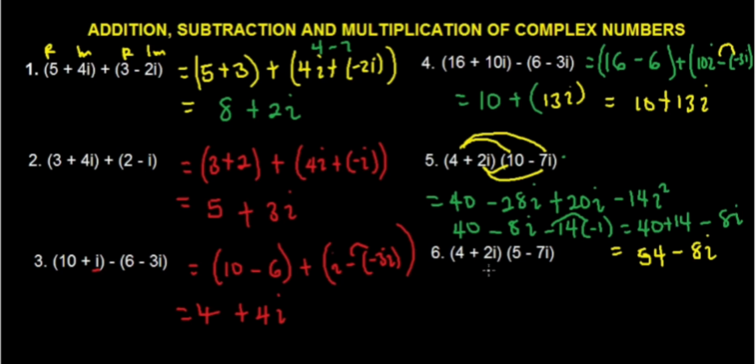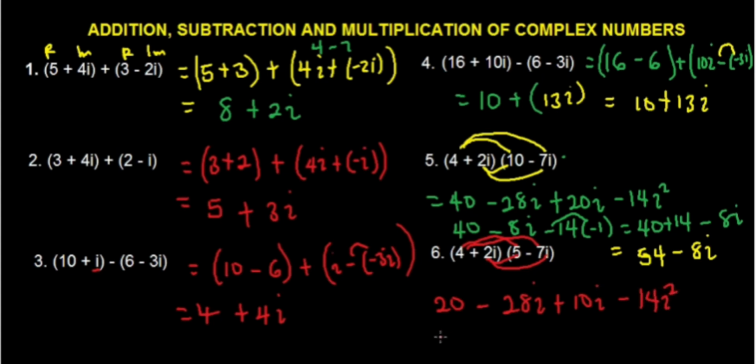Now to the last question, same thing, you are going to do 4 times 5, 4 times this, then this times this, also this times this. So 4 times 5 is 20 minus 28i, plus 10i minus 14i squared.